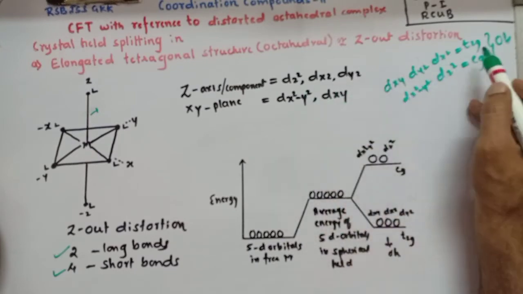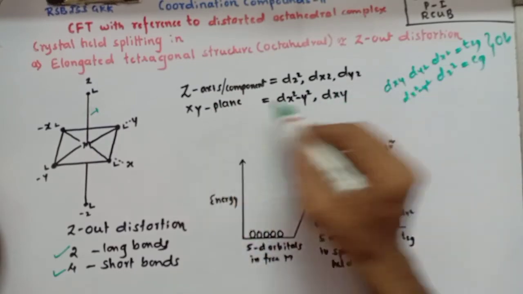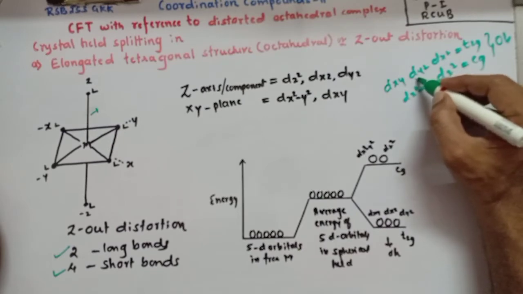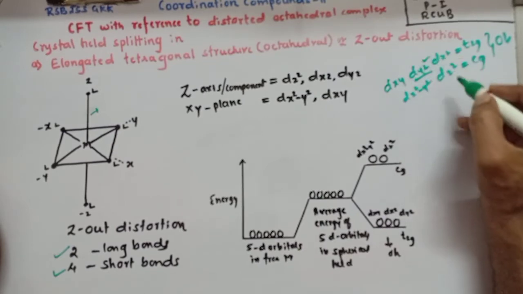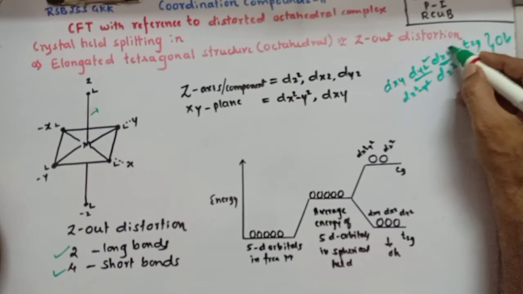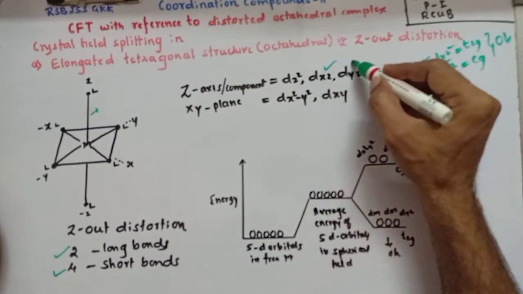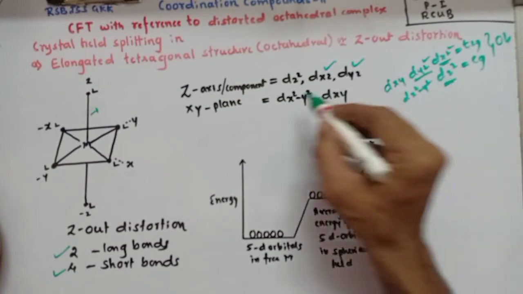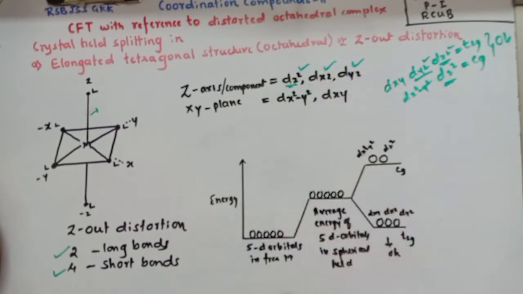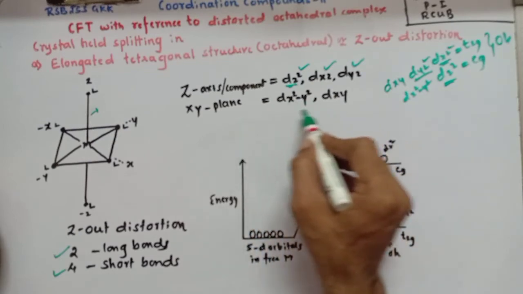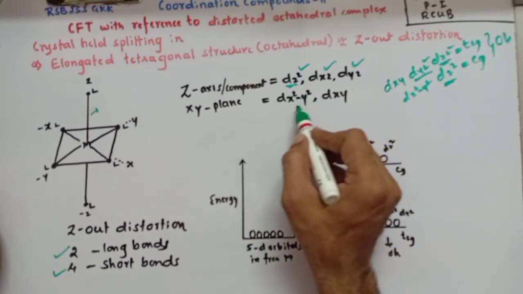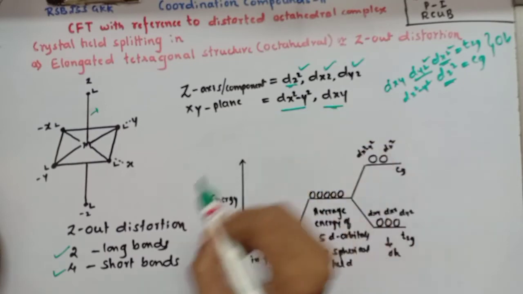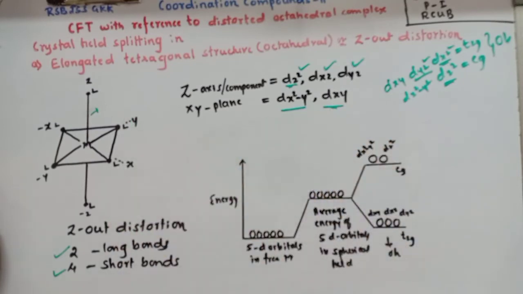From the T2G set, dyz and dxz have a z component. From the EG set, the dz square orbital also lies along the z axis, so it also contains a z component. The other orbitals are present in the xy plane.